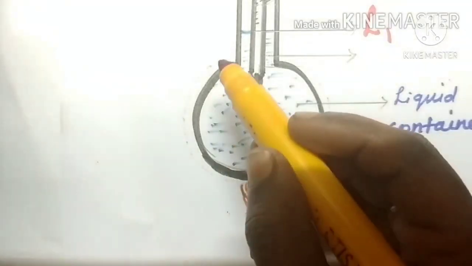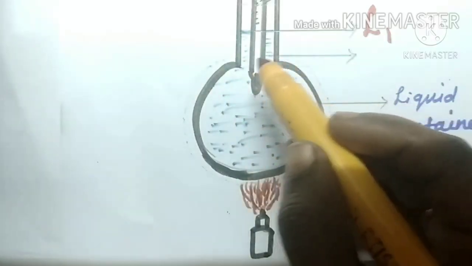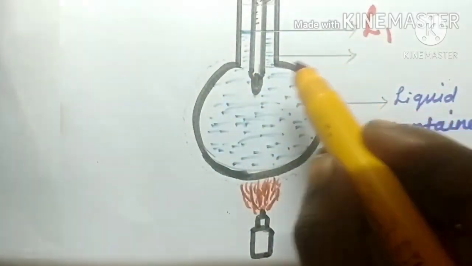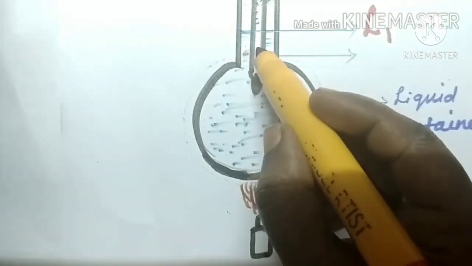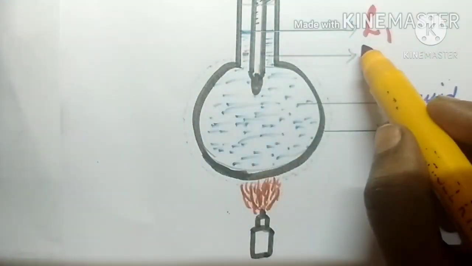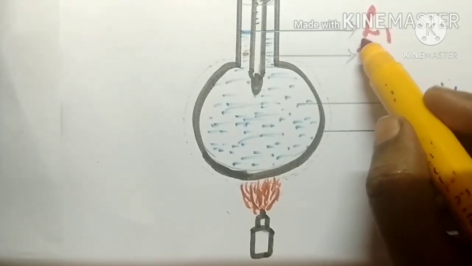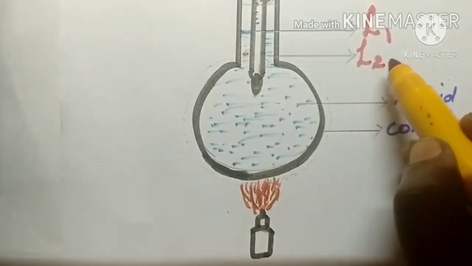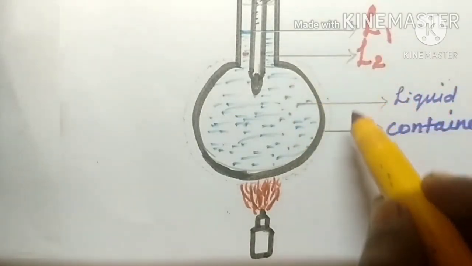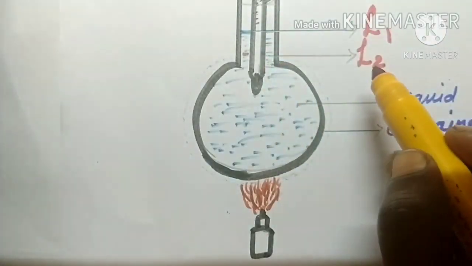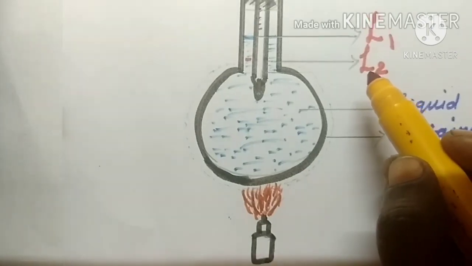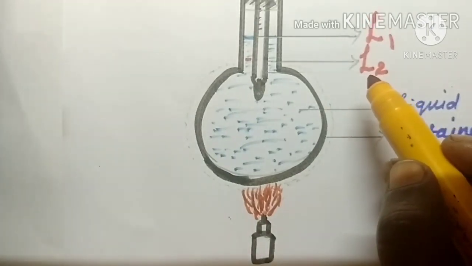The container will expand, and due to this expansion the level of the liquid will decrease. Let us take that level as L2, the level of the liquid after heating.